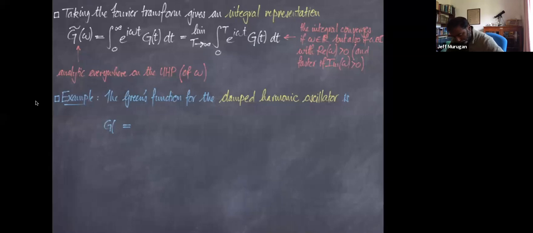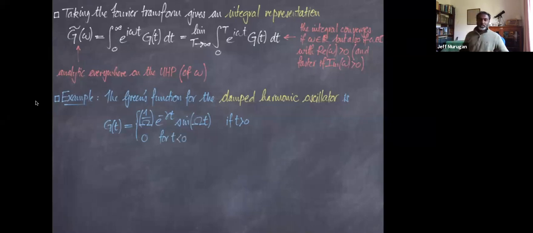G of t is equal to 1 over omega times e to the minus gamma t times sine of omega t if t is greater than 0, and it is 0 for t less than 0. So notice that this is a causal Green's function.